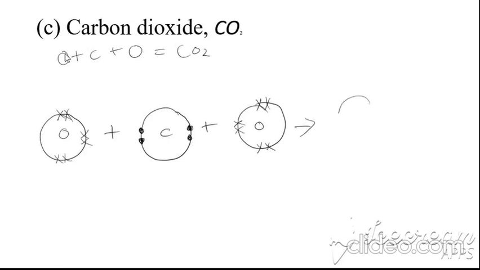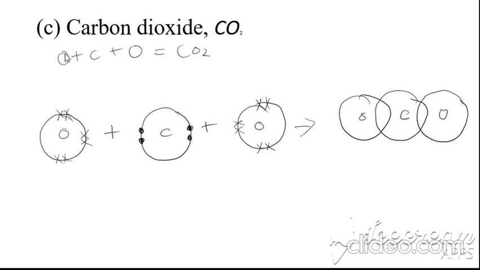So we're going to have this for oxygen, and then we're going to have carbon in between, then another one like this for oxygen. And then here we're going to show the electrons for oxygen, and then those for carbon, and then here the stars for oxygen, and then for carbon, like that. So carbon is stable now, it's balanced.